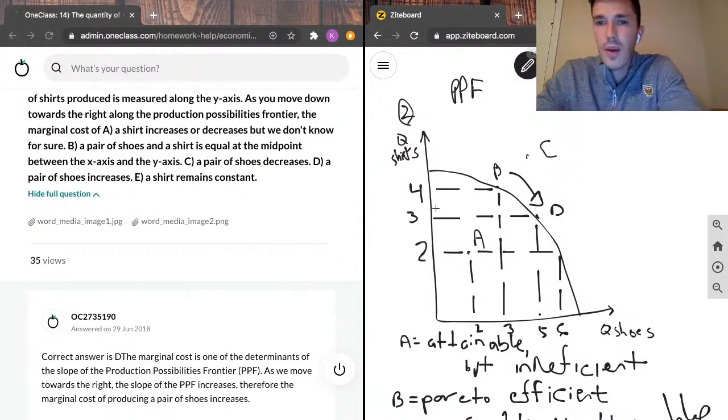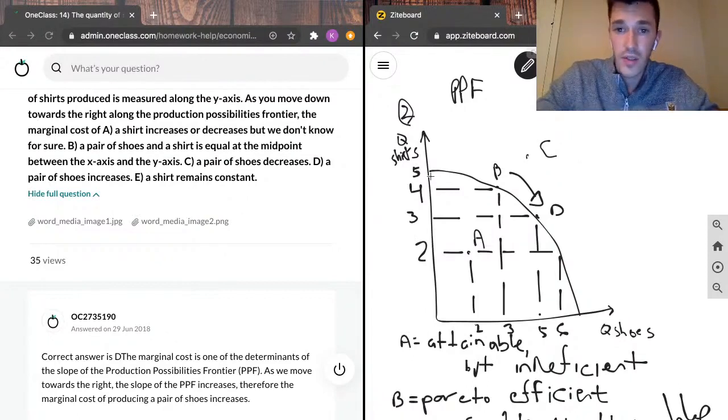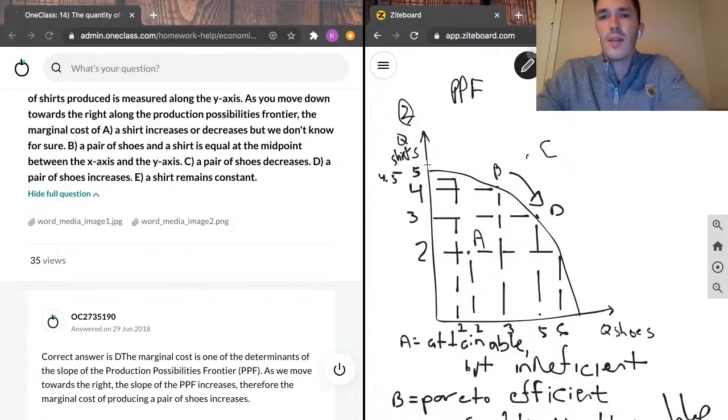And here's why. If you start with 0 shoes here, and you have, say, 5 shirts, all you have to give up to get 1 pair of shoes is, say, half a shirt, right? Because if you move slightly to the right from this point here, you've already got 5 shirts. So all you have to give up to get 1 pair of shoes is half a shirt.